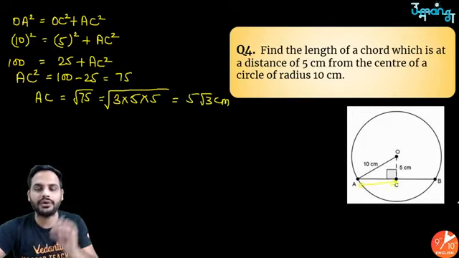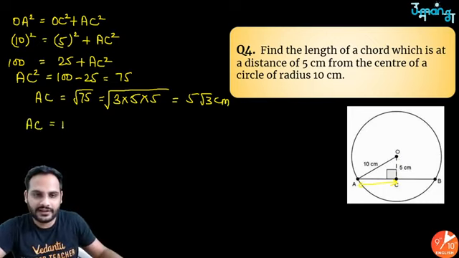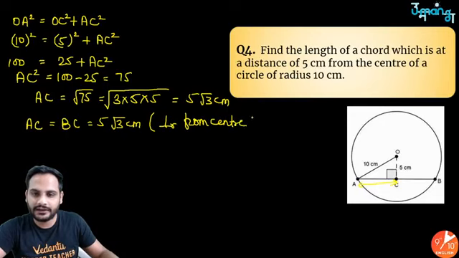Now, we know the perpendicular from the center bisects the chord. So OC is the perpendicular from the center, so AC and BC both should be equal to 5 root 3 centimeter. The reason is that the perpendicular from the center bisects the chord.